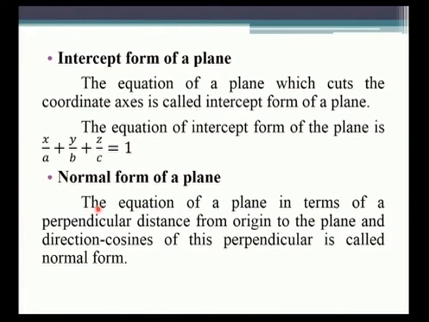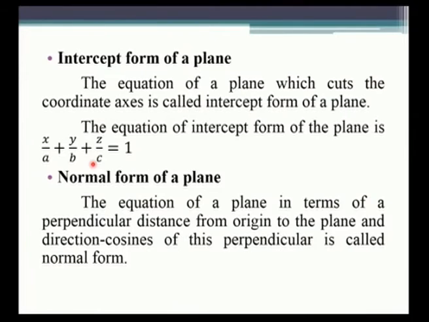In such a case, the equation of the plane is given by x by a plus y by b plus z by c is equal to 1. Here a, b, c are the intercepts of the plane with the x, y and z axis. This is the intercept form of a plane.